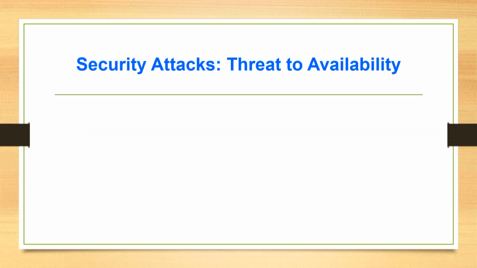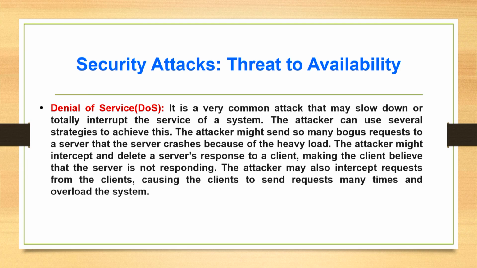The threat to availability is denial of service. It is a very common attack that may slow down or totally interrupt the service of the system. Here the attacker can use several strategies to achieve this. The attacker might send so many bogus requests to a server that the server crashes because of the heavy load.